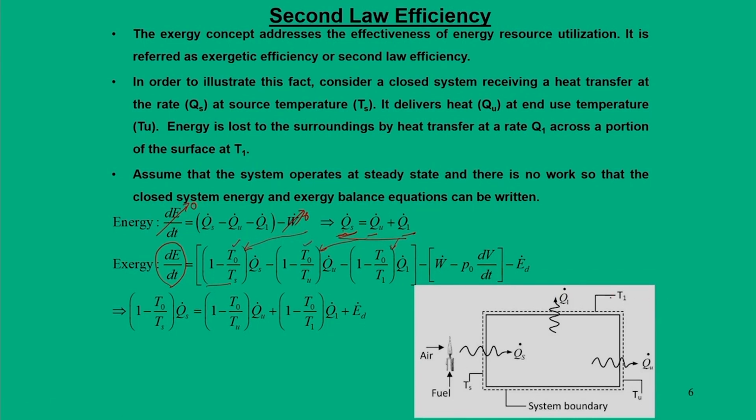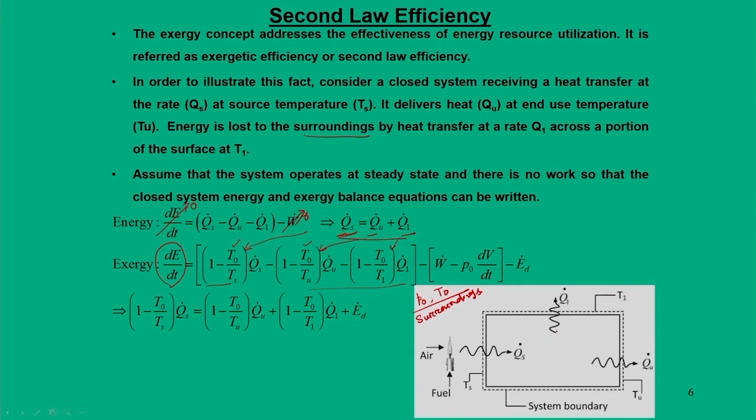So, I can say although this is a working system, your ambient conditions we can have P naught and T naught, and that we say the surrounding temperatures. Now, this is what we do for heat transfer.